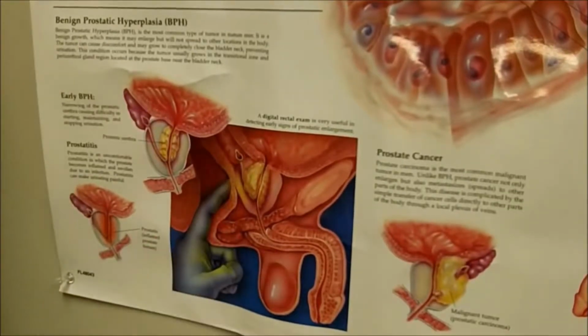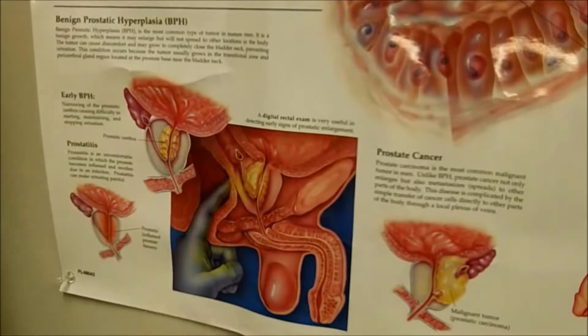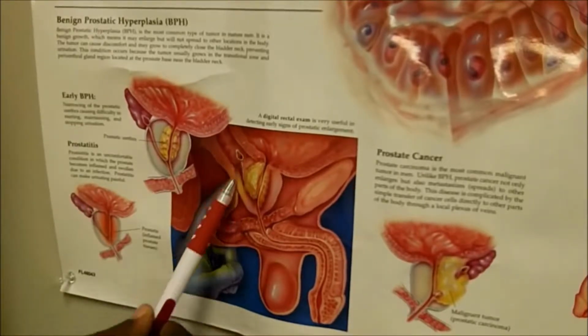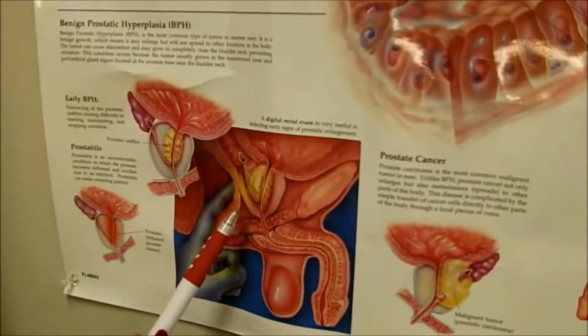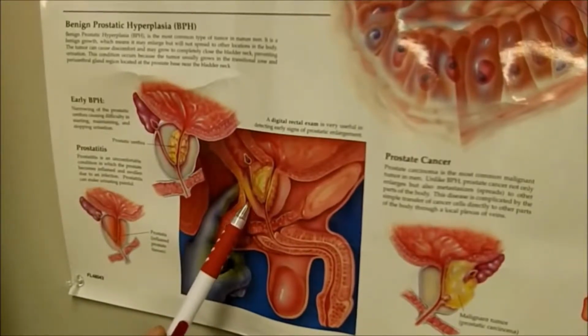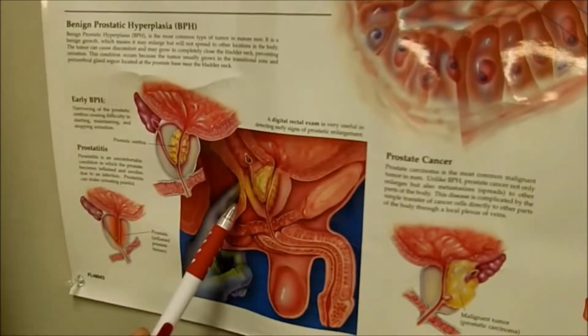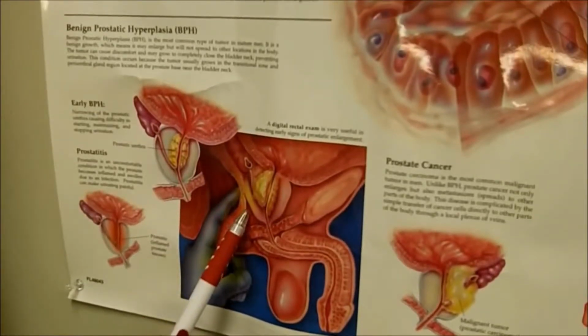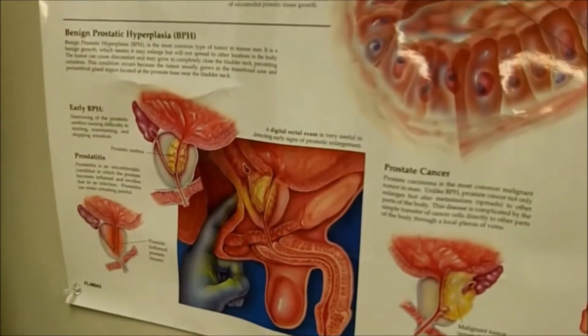Again, most of the things that are dangerous and cancerous will begin in this portion of the gland that we actually have access to. And I find that fascinating when you think about it: we are able to examine the part of the prostate where most of the problems begin that we would need to find.